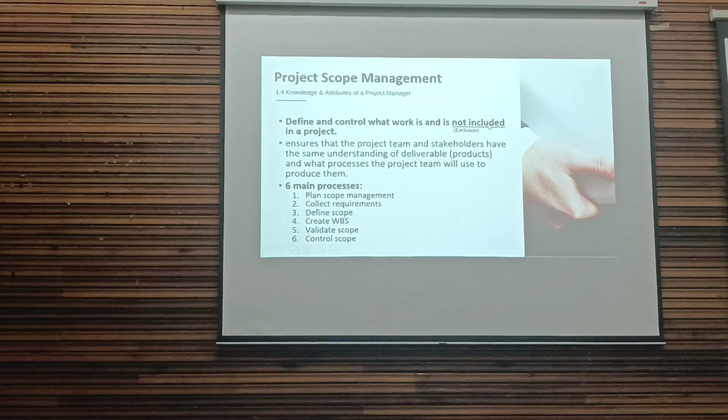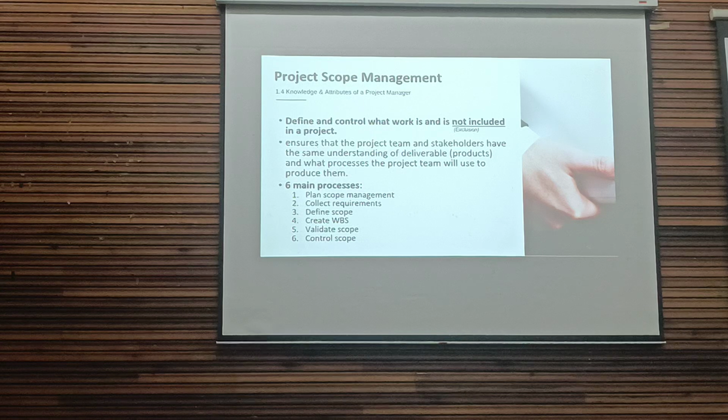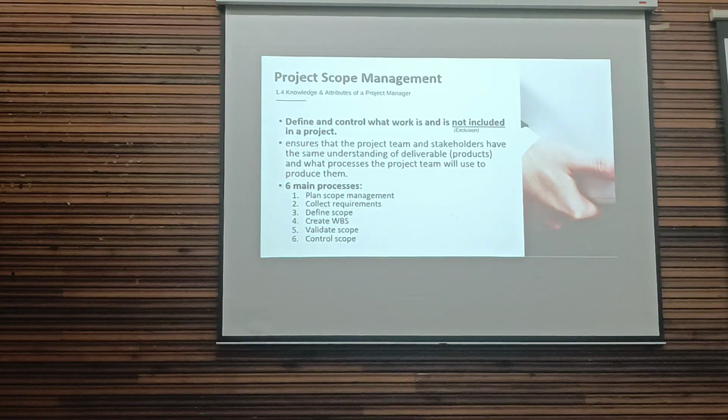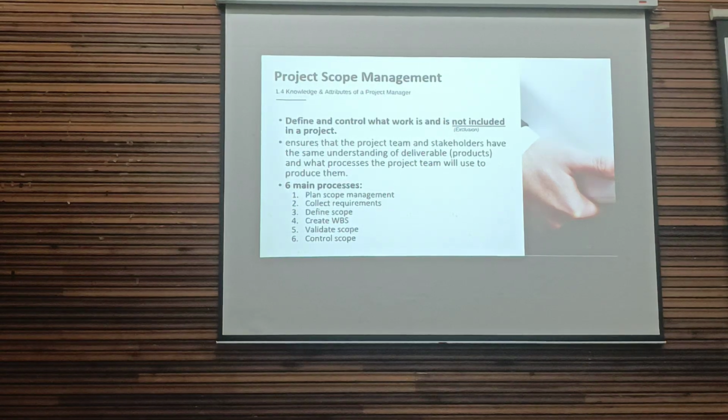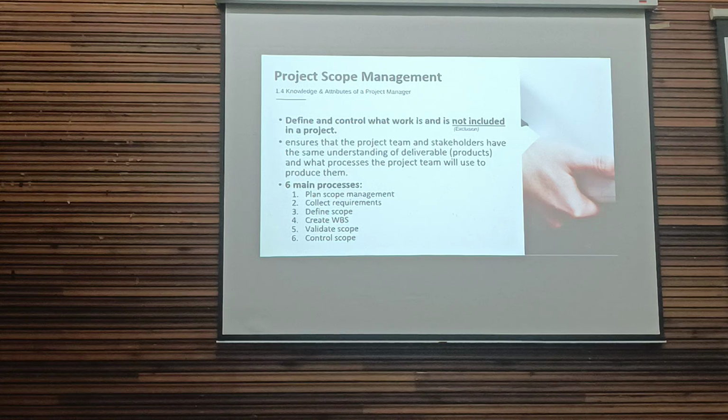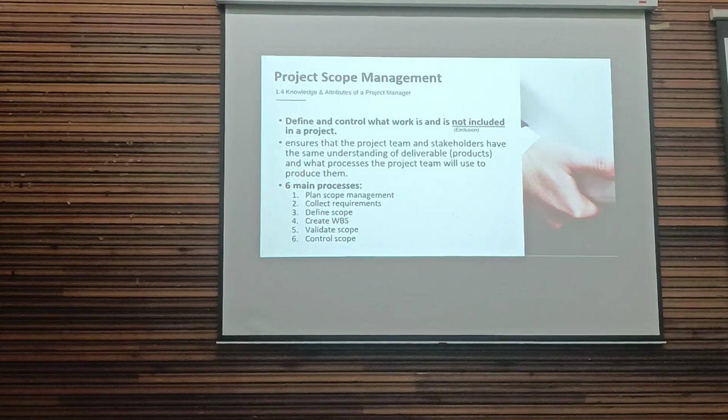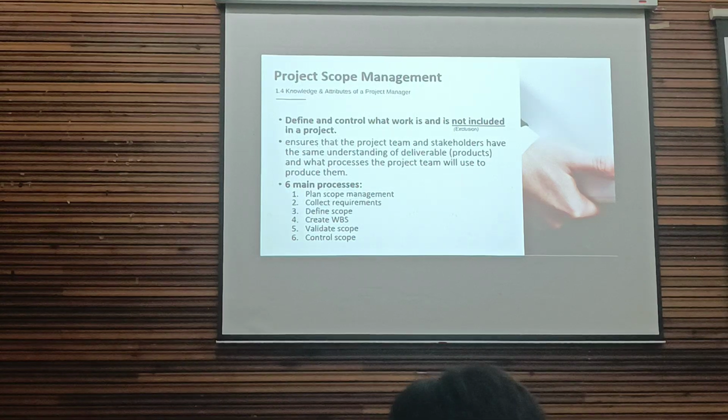For example, not included or exclusion. You can tell the client, you do unit test, module test, system test, integration test, user acceptance test. So what kind of test will you not do? For example, usability test, unless the client is willing to pay extra, because usability test is considered additional work.